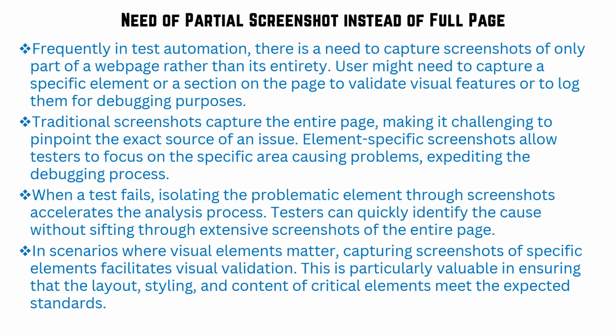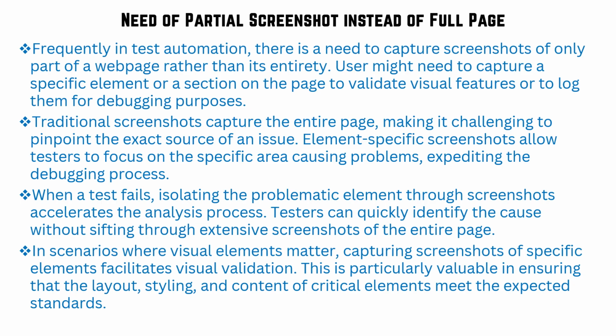So for that section I want to highlight it so that I can verify it. Capturing the whole page takes a lot of time to analyze. Instead, if I capture only the relevant section or part, it will be very easy for me to understand the root cause of the problem and debug it.